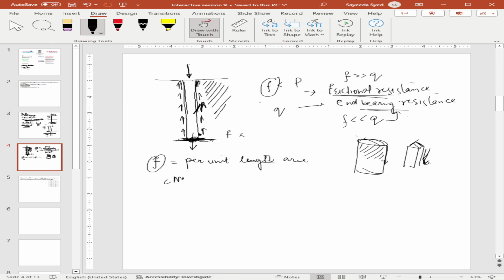Q is much greater because it is gamma times L, and L is much greater than B. So most of the time we do not take the last term and proceed with these two terms in our calculations. The total resistance will be the resistance due to friction plus the resistance due to end bearing, and maybe we will divide it by a factor of safety based on our requirement.